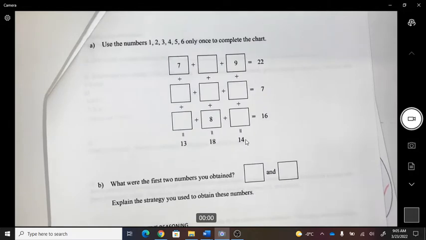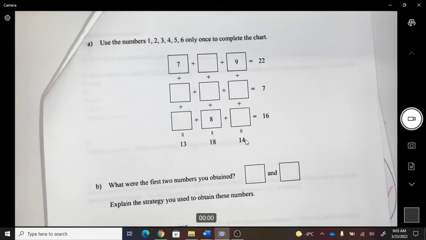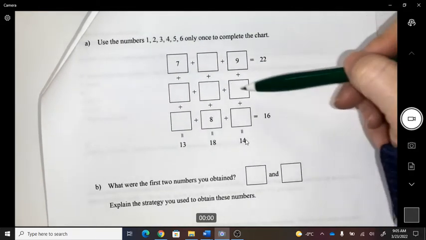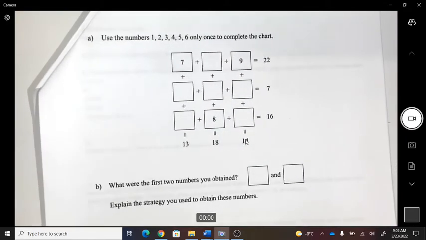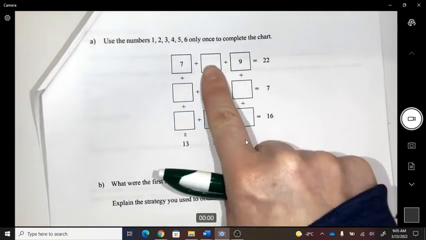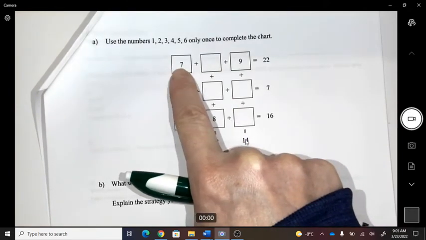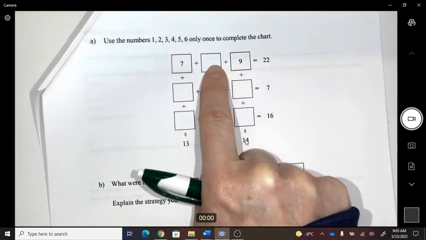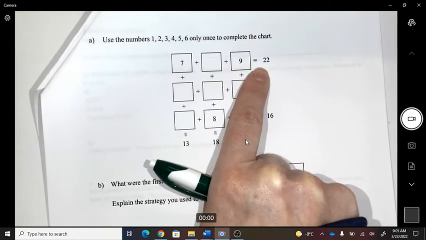Okay, I have to put into the empty boxes a 1, 2, 3, 4, 5, 6. Where do you find a place that you could start on this one? That top middle one, because 7 plus 9 plus something makes 22.